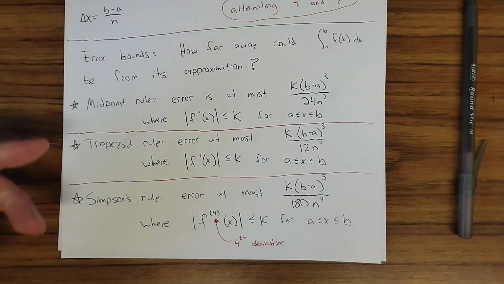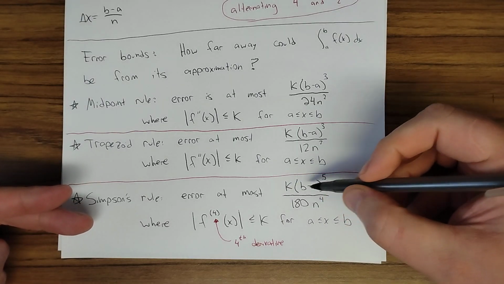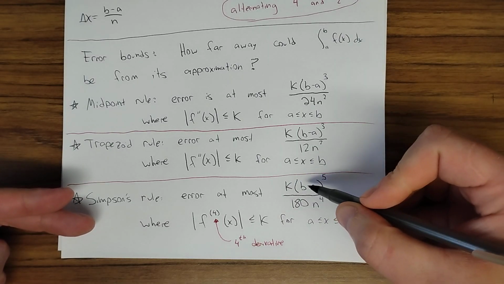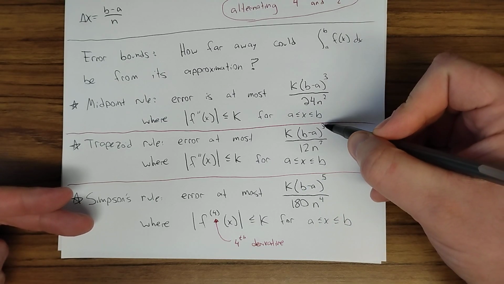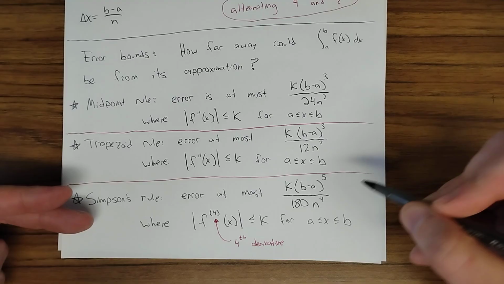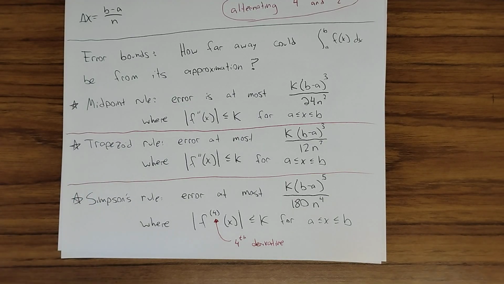Then we get to Simpson's rule, which is a bit different. There's a couple of things going on here. I've got b minus a to the fifth instead of to the third, and I've got a 180 n to the fourth on the bottom. Other than that, K is also different. K does not mean the same thing as it did for the midpoint and trapezoid rules. It's something fairly similar, but it's the fourth derivative.